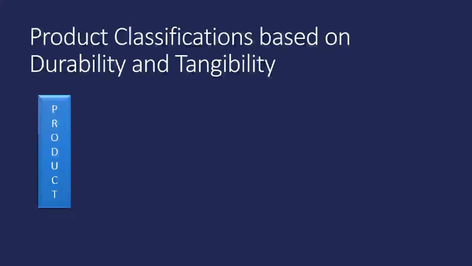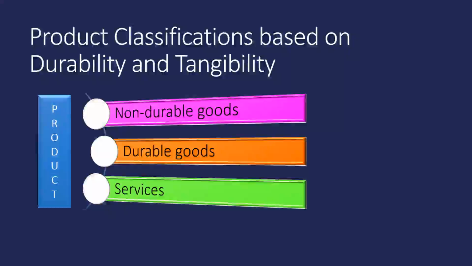For the first one, product classification based on durability and tangibility, it's also divided into three types: non-durable goods, durable goods, and services. I bet all of you know what durable means, right?